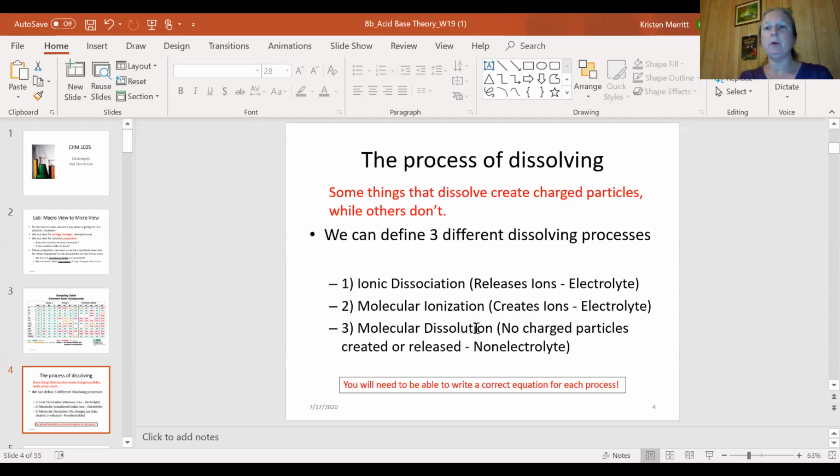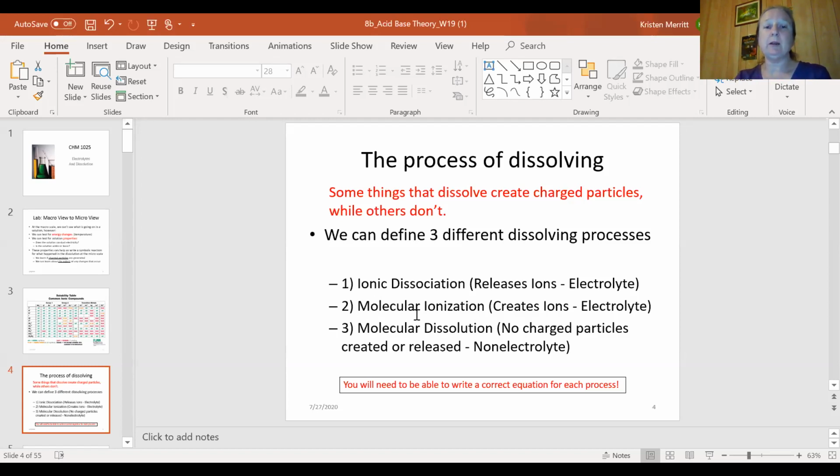Because if you remember, one of the differences between a covalent molecule and an ionic formula unit is a formula unit does not exist by itself. It's in a crystal. But you can have a single molecule, and that's what happens in dissolution: the water surrounds that molecule and carries it off, but it's still one molecule and is completely surrounded by water molecules. Whereas with the ions, its individual ions are surrounded.